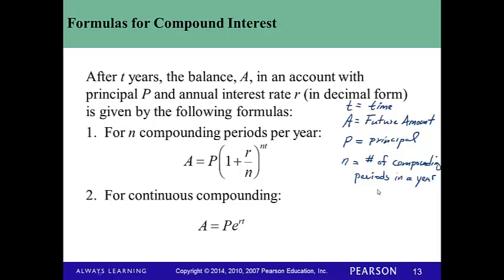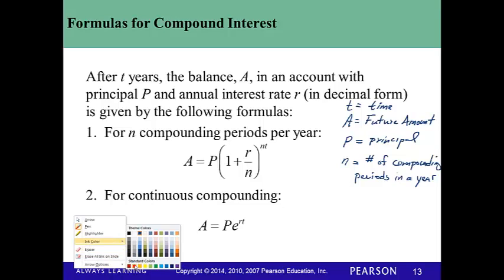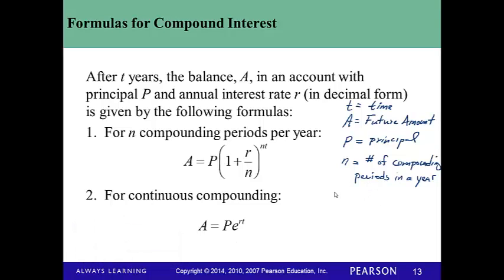Okay, so now let us go back to that compounding periods thing. So if I told you that it is compounded monthly, I'm going to abbreviate that as COM, how many months are in a year? 12. So in this case, n would be 12.